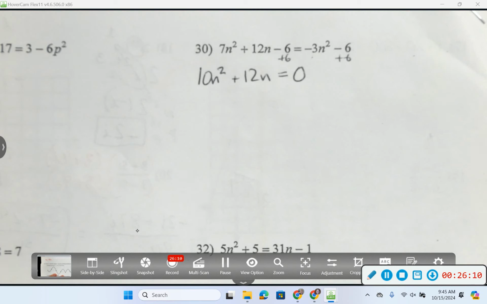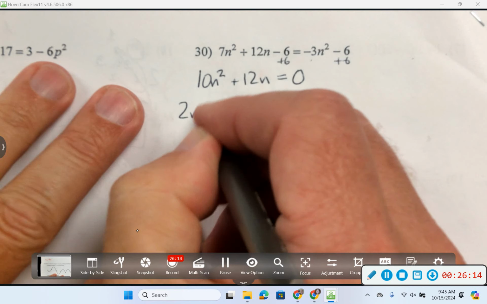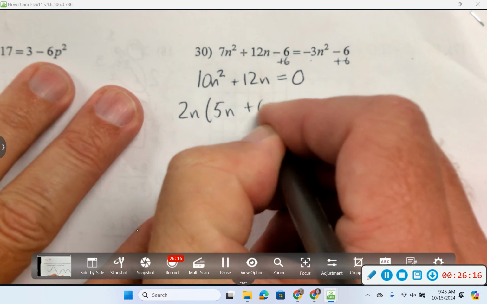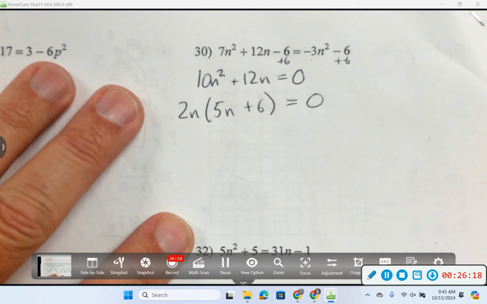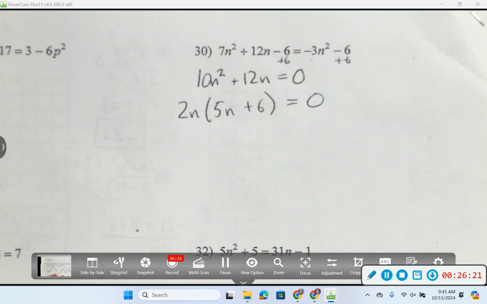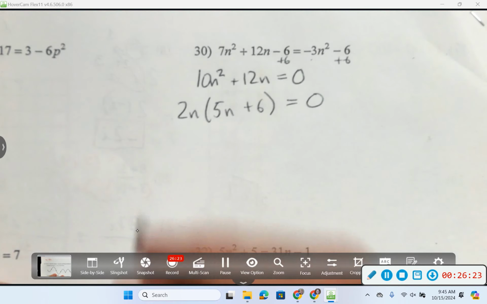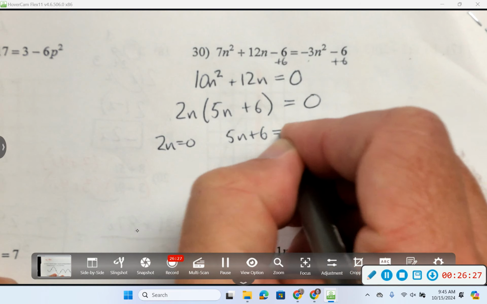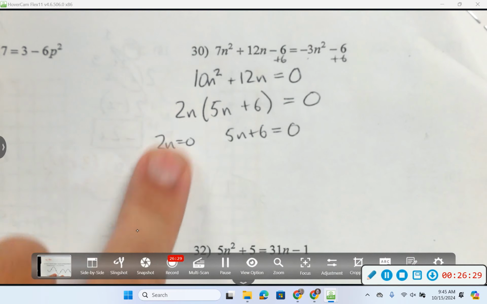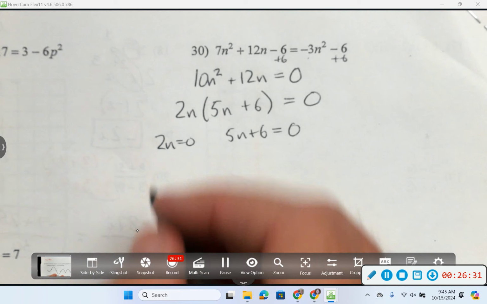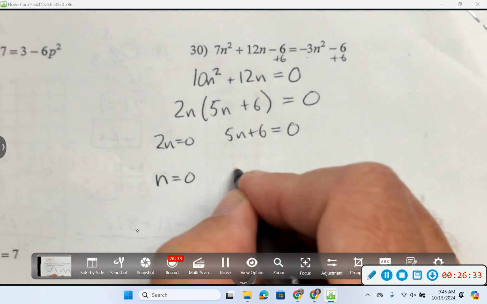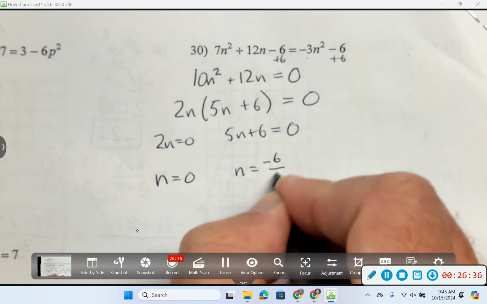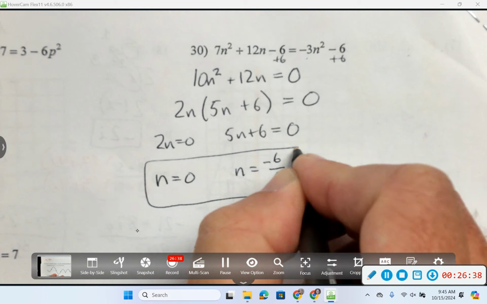What could I factor out of that? 2n. So 5n plus 6 equals 0. And this is where it might be helpful to take the time to write out the step of setting each factor equal to 0 so that you don't lose that front solution there. n equals 0 and n equals negative 6/5.